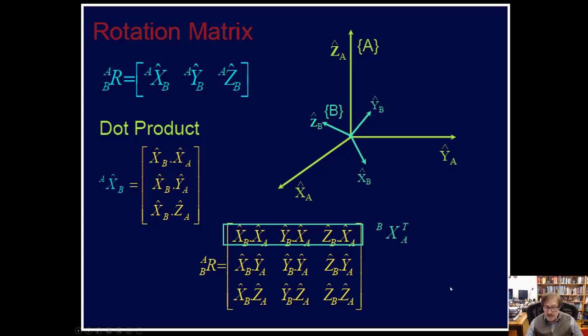Remember that the dot product is commutative. That is, XA dot XB is equal to XB dot XA. And if I take the transpose of it, that is, if I make the column vector a row vector, I get this form. So what I see here is the transpose of the transformation from A frame to B frame.